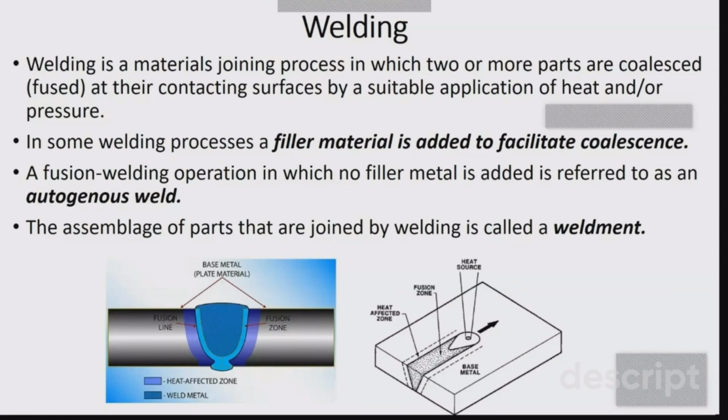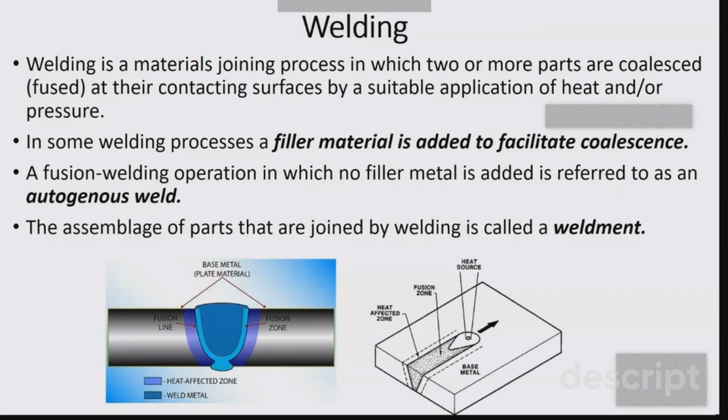This heat can be produced with the help of electric current. Electric current is given to the workpieces. There is one electrode joined with your power supply. Whenever you bring this electrode and workpiece together, the gap between the electrode and the workpiece gets ionized, and then you have some heat generation due to the formation of an arc.